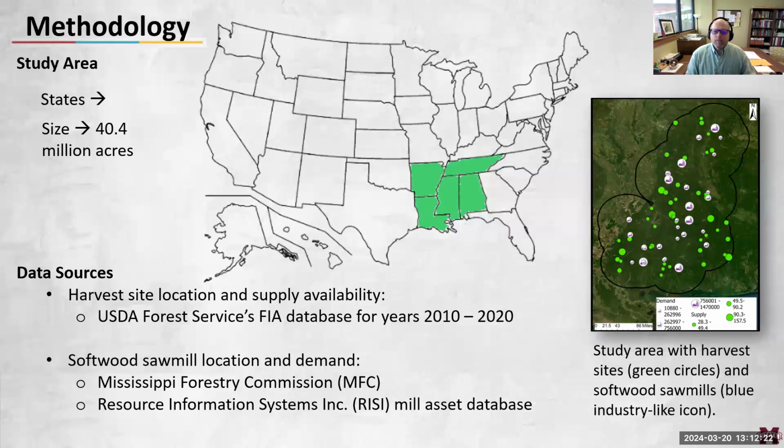So we had to do a little bit of statistical manipulation in order to make those sites work. We didn't want to add sites arbitrarily, but we do need those sites to provide the wood to the mills. And so we did a few mathematical tricks in order to make that work, and we'll see those here shortly.